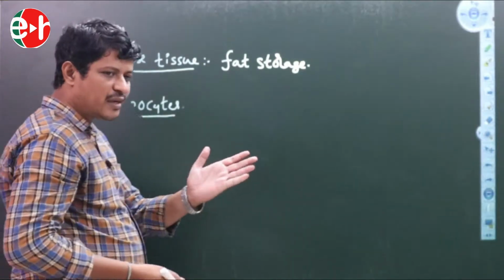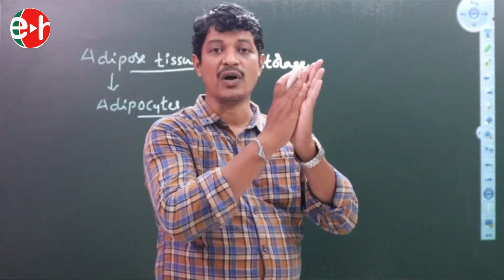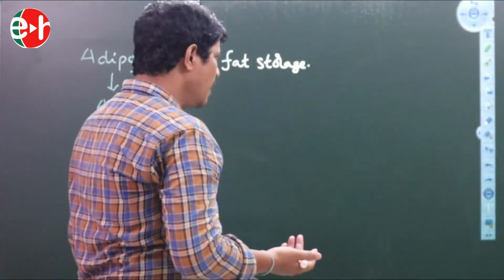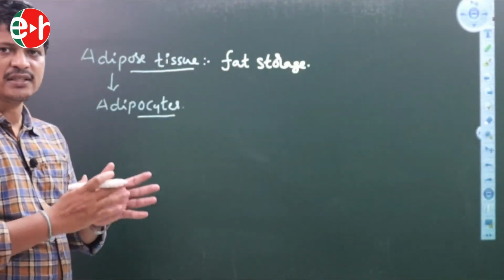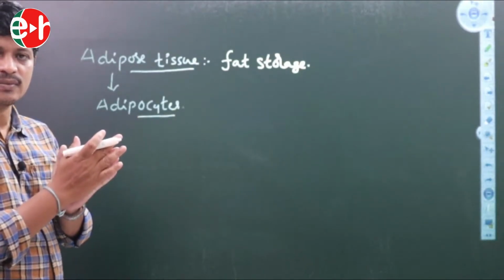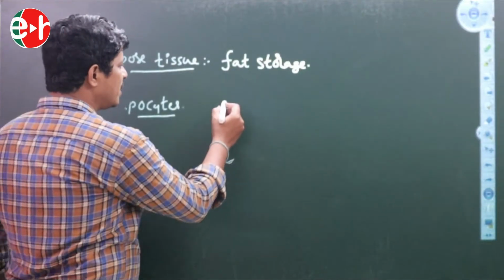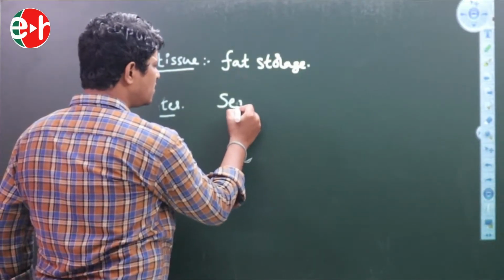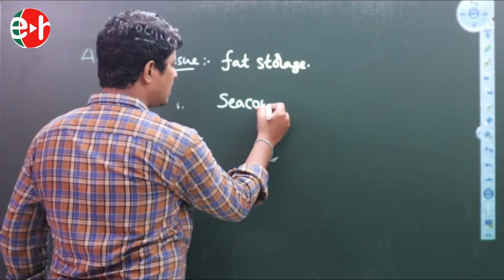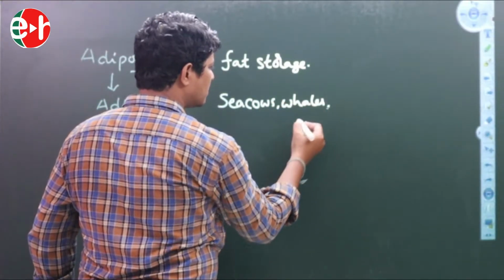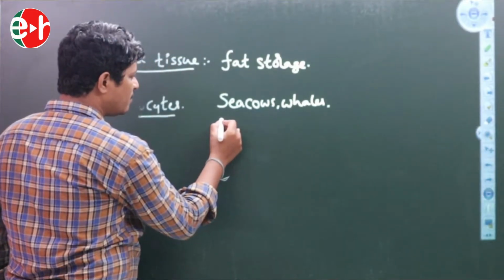See, in our body, these are called palms, and this is called soles. Behind these two parts, it is made up of fats, that is, adipose tissue. And some more examples: sea cows, whales, dolphins, and walrus.